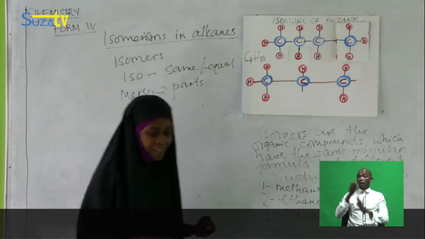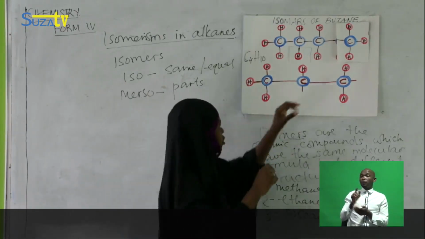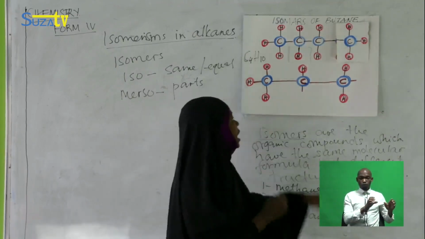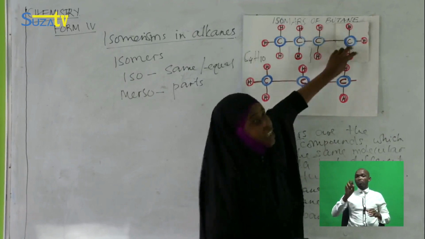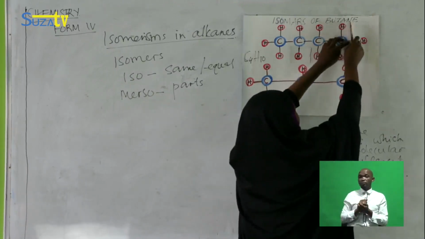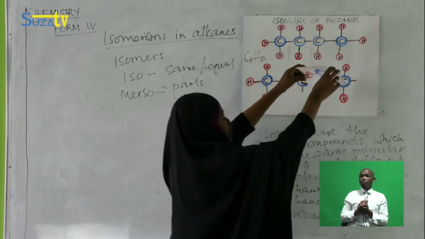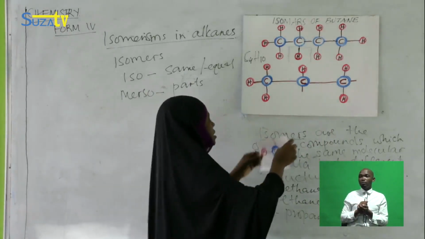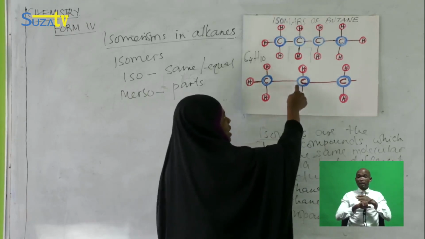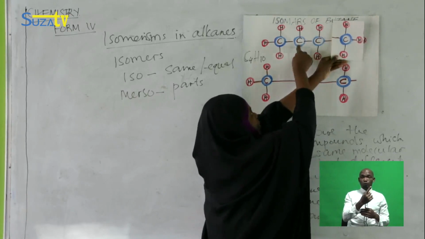So first, let us detach. Here we have an alkyl group, that is carbon with 3 hydrogens. Let us detach this alkyl group and attach it on the 3rd carbon. This was carbon number 1, number 2, number 3, number 4.